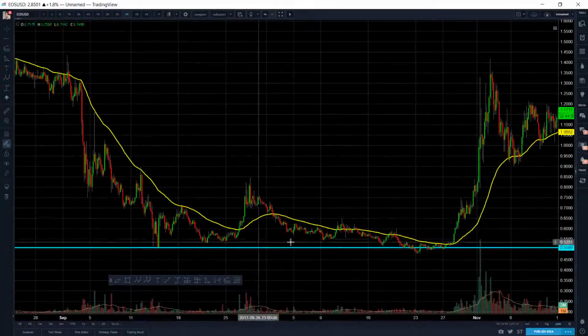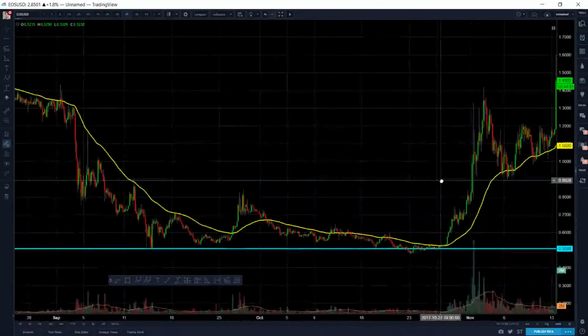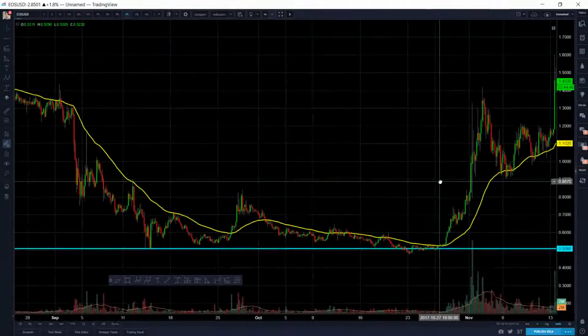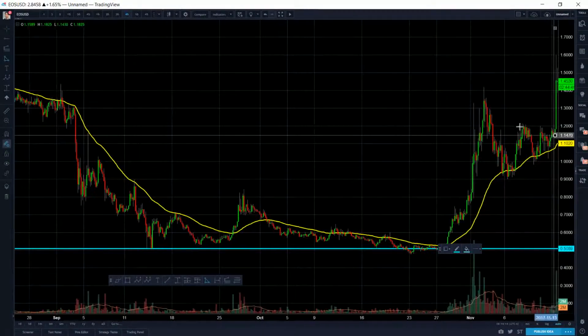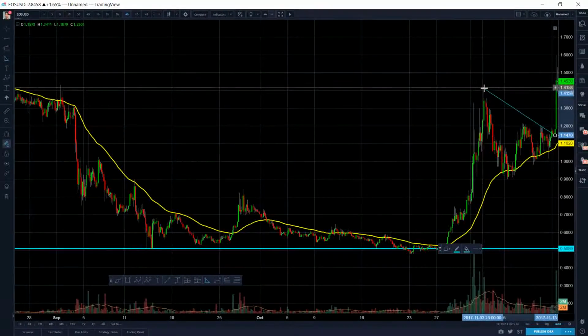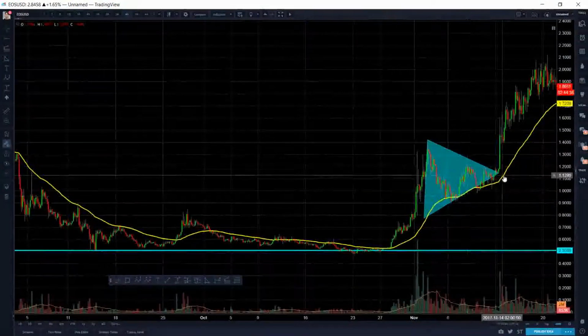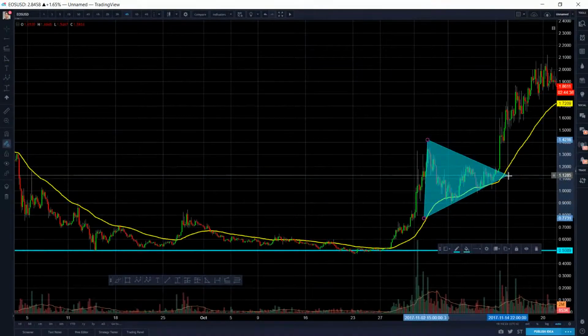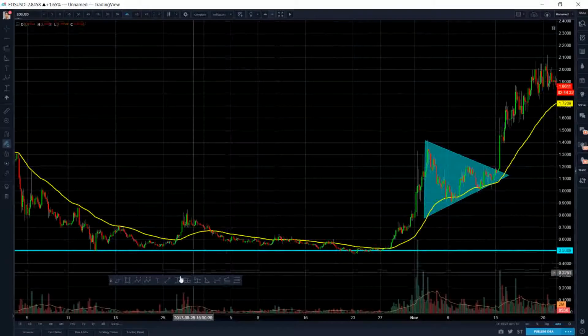Want to see another example? Want to see another example right here before it broke out? I'm going to show you. Watch. I draw my wedge in here to the highest point for this one. Actually, I'll just go a little bit lower, just so, you guys already know it broke out. I take the highest point of the wick. I draw my box in here.